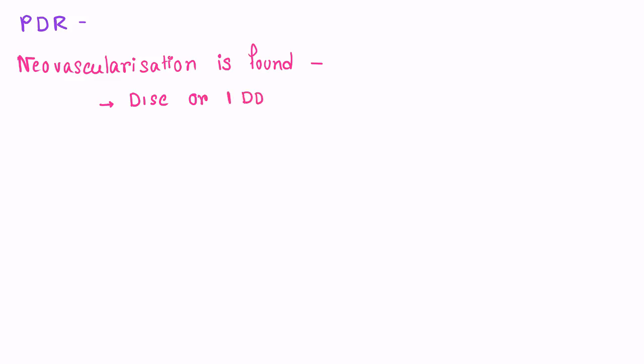Now coming to the proliferative diabetic retinopathy. Neovascularization is found in the following areas. Number 1, on the optic disc and one disc diameter area around the disc, which is known as neovascularization of disc or NVD.